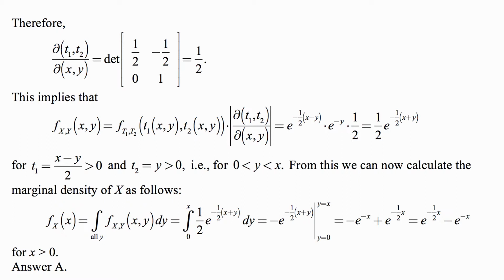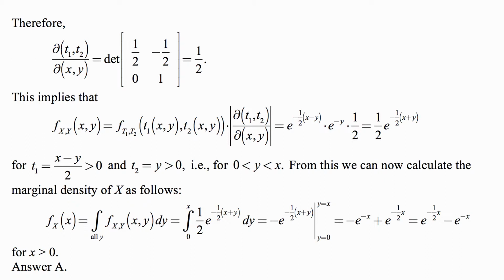And the joint density of X, Y is the joint density of T1, T2 evaluated at the T1 that corresponds to X and Y, and the T2 that corresponds to X and Y, times the absolute value of that determinant, which is of course 1/2. So what do we get?